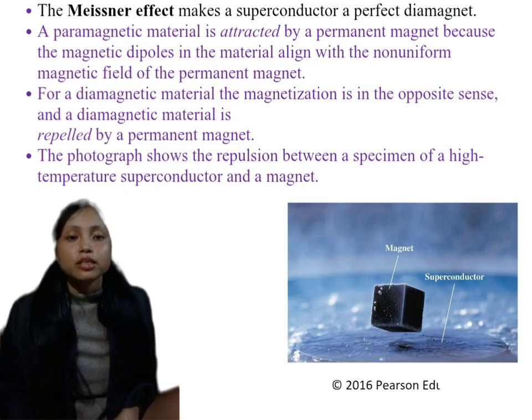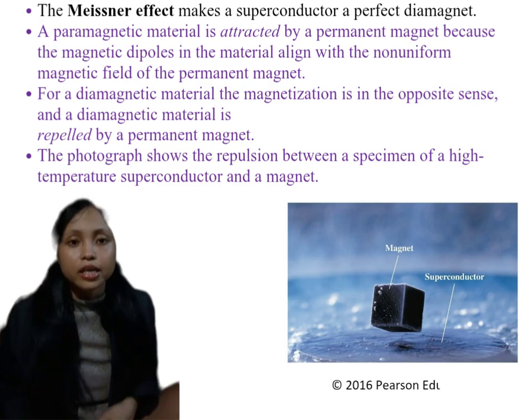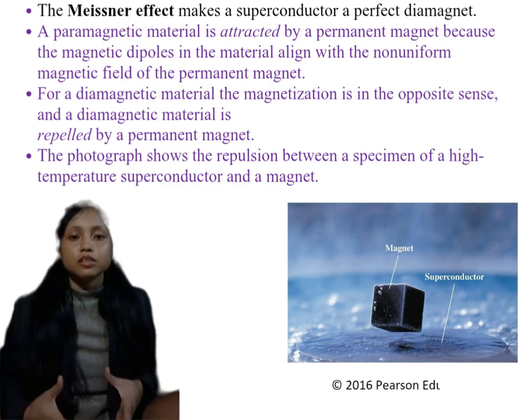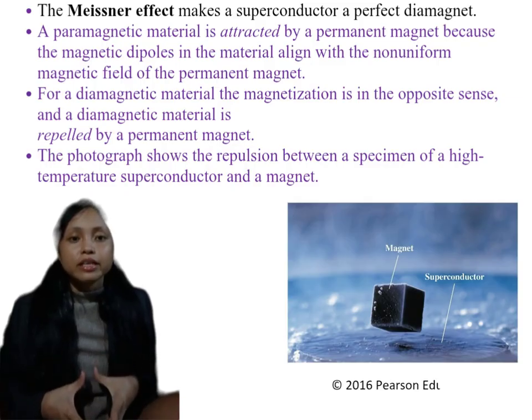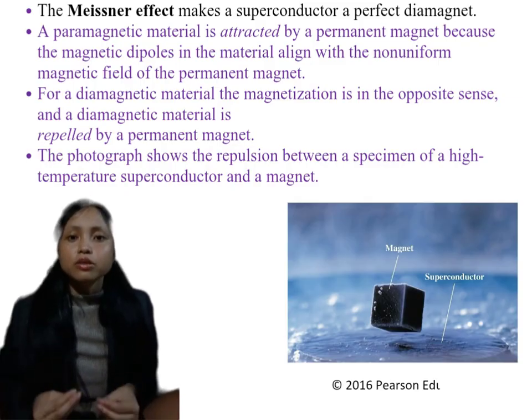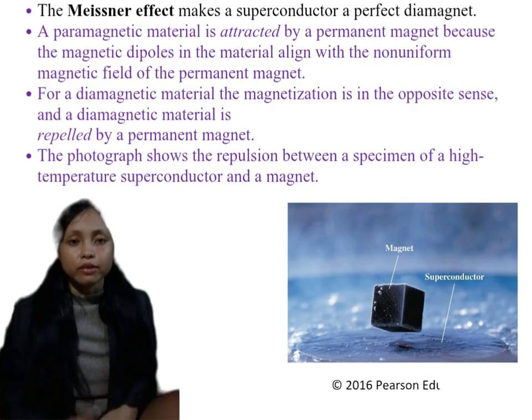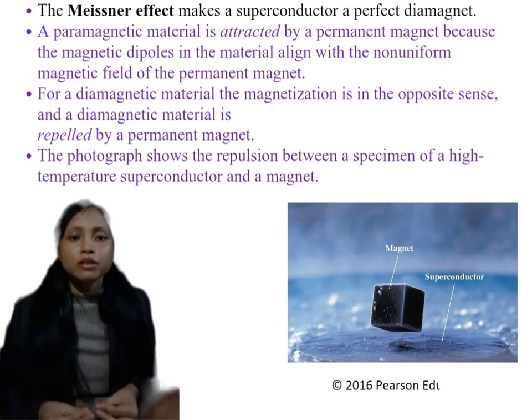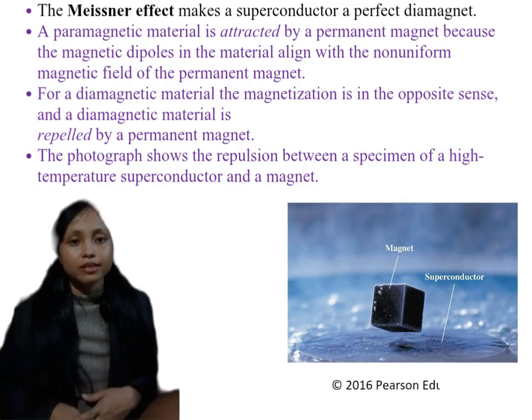In most ordinary materials, this effect is very weak. However, in a superconductor, diamagnetism is perfect because the magnetic field is completely expelled, meaning the superconductor strongly repels any nearby magnetic field. So this strong repulsion leads to the phenomenon shown in the photograph on the slide.